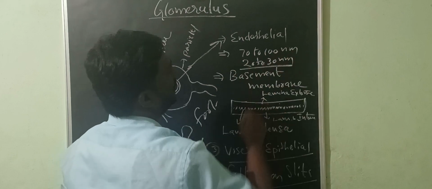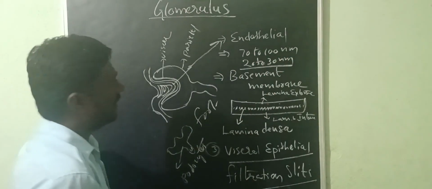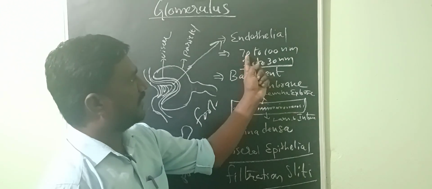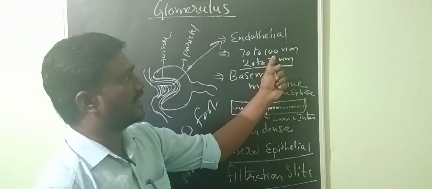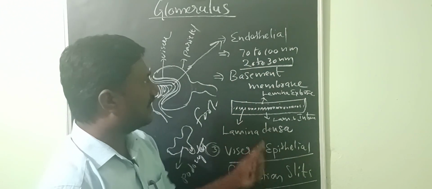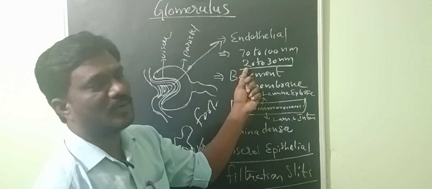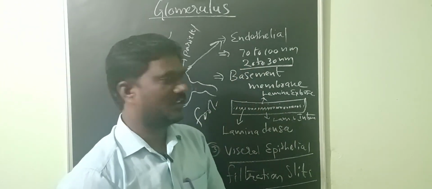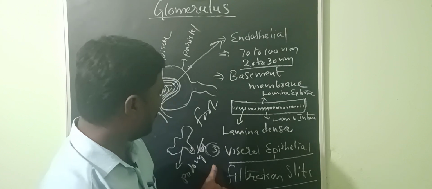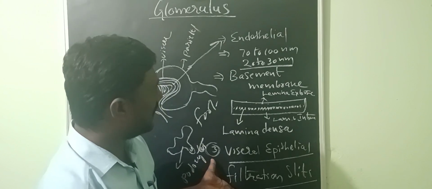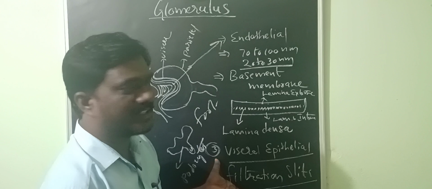The capillary pores filter 70 to 100 nanometers, but when you come to the slits, they are only about 20 to 30 nanometers. Okay, this is the structure of the filtration unit.